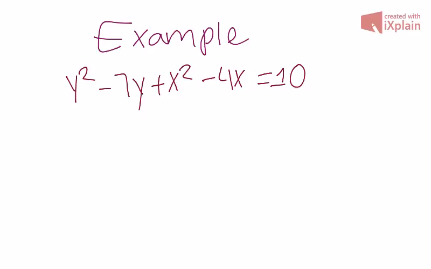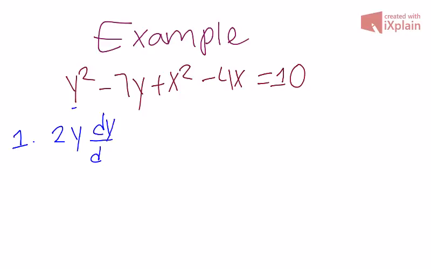So here's an example of an equation that needs implicit differentiation in order to solve for dy over dx. So how do we do this? The first step, like we mentioned before, is to take the derivative of each term. And when we do that, for the first term, y squared becomes 2y.